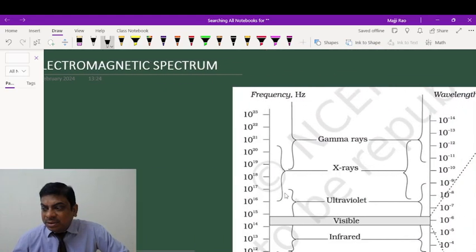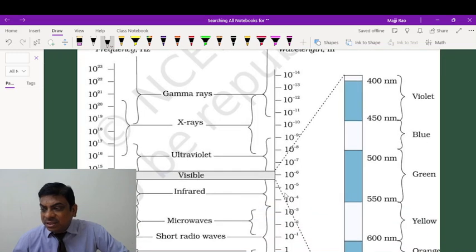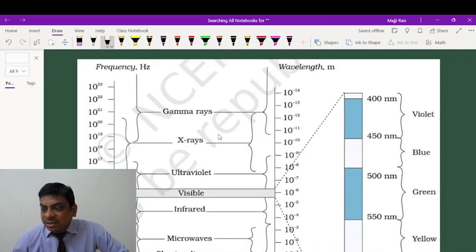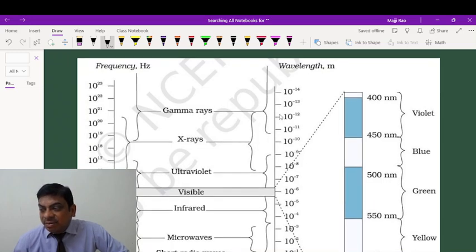Now coming back to this, finally you can see, students, once again, the gamma rays occupy the highest position. The wavelength ranges from somewhere below 1 angstrom unit, because 10 power minus 10 meter is 1 angstrom. X-rays span from 0.01 angstrom to around 100 angstrom.